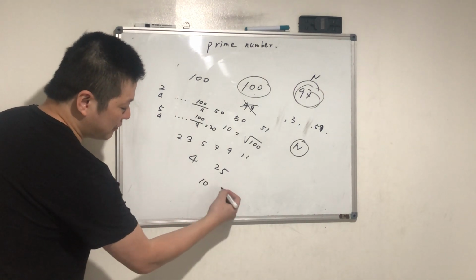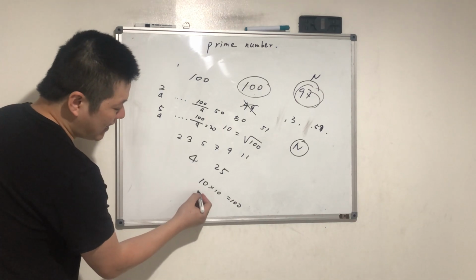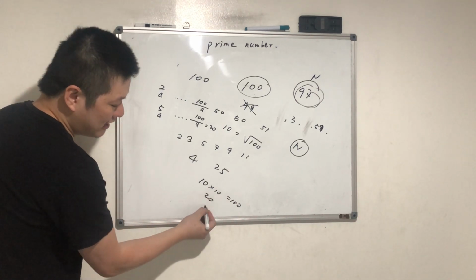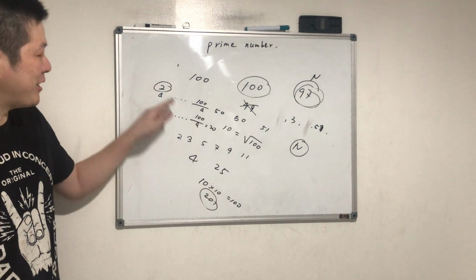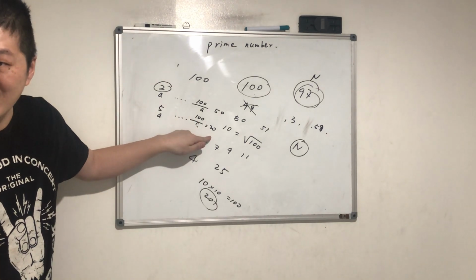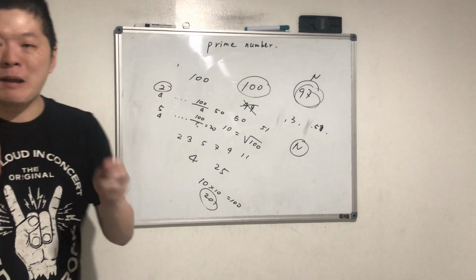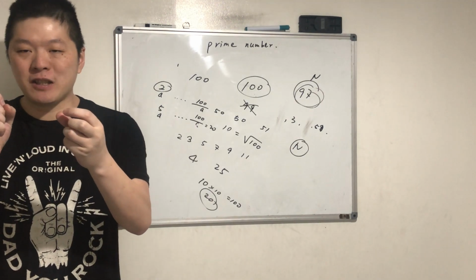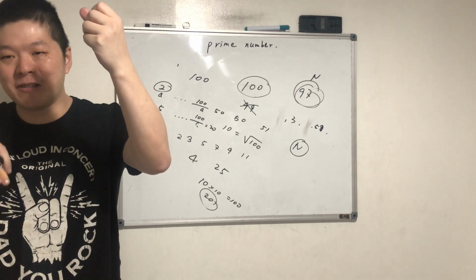Because 10 times 10 equals 100. And then you go to the next, which is 20. When we go to 20, we know already in the 5. Two numbers times together equals 100: 10 and 10. If you increase one number, the other one needs to be lowered.